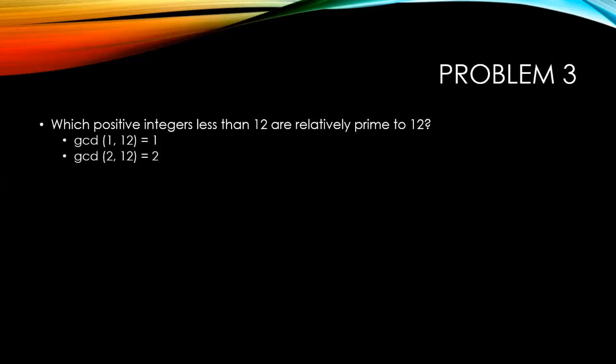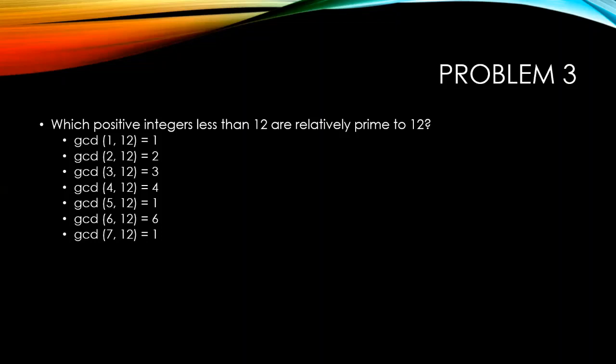Okay, and the GCD of 2 and 12 is 2. GCD of 3 and 12 is 3. 4 and 12, it's 4. GCD of 5 and 12 is 1. Okay, GCD of 6 and 12 is 6. GCD of 7 and 12 is 1. 8 and 12, it's 4. 9 and 12, it's 3. 10 and 12, it's 2. 11 and 12 is 1.